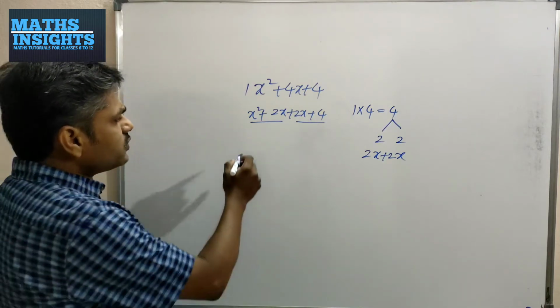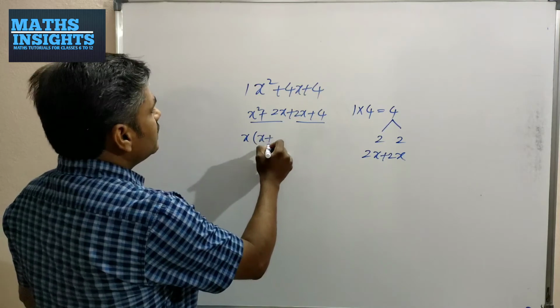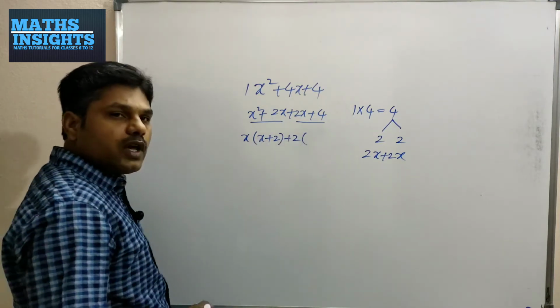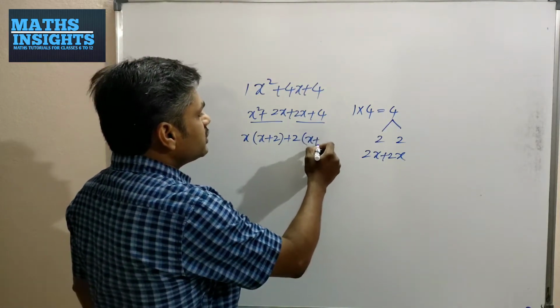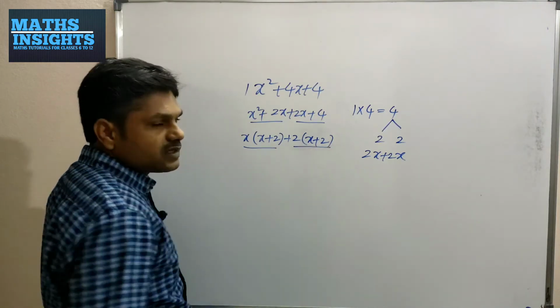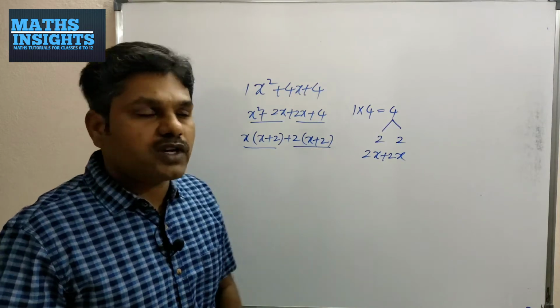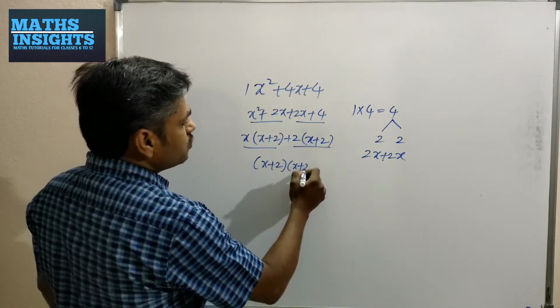From the first 2 terms I will take x as common factor, then it will be x plus 2. Similarly, I will take 2 as my common factor from the last 2, and you will also get x plus 2. Now you have 2 terms. From these 2 I will take x plus 2 as my common factor, that means x plus 2 into x plus 2.